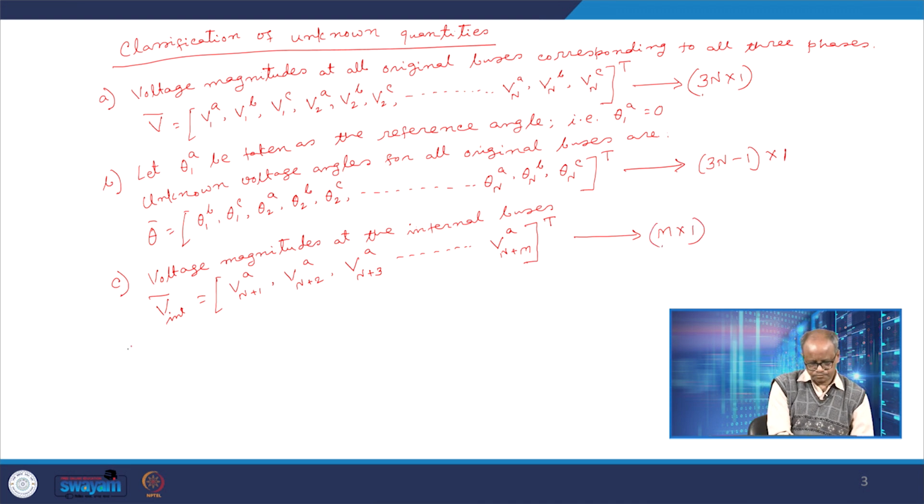And then voltage angles at the internal buses.